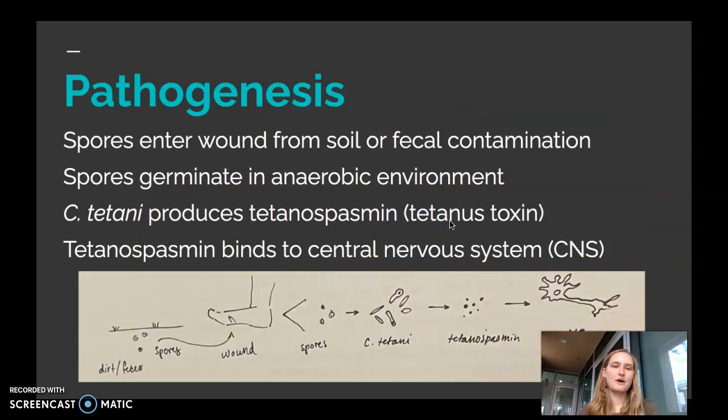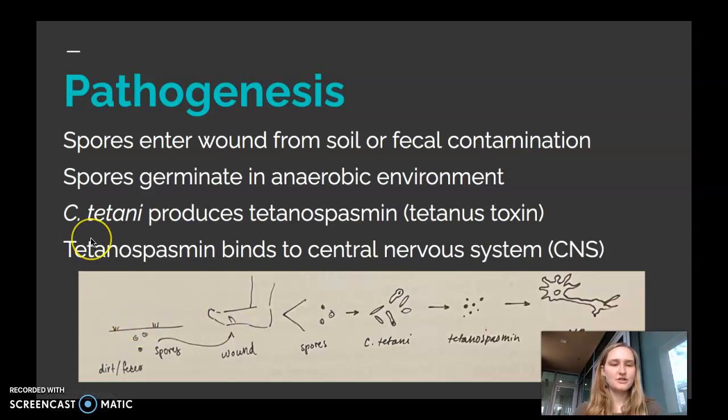And so the progression of the disease, or the pathogenesis, is firstly spores enter a wound from soil or fecal contamination. This is where there's a big misconception that a rusty nail causes it, but really it's the puncture wound from the nail that causes an ideal anaerobic environment for the spores to germinate.